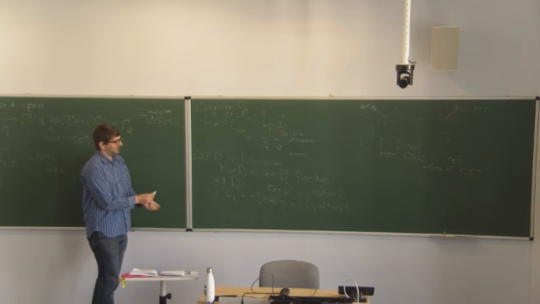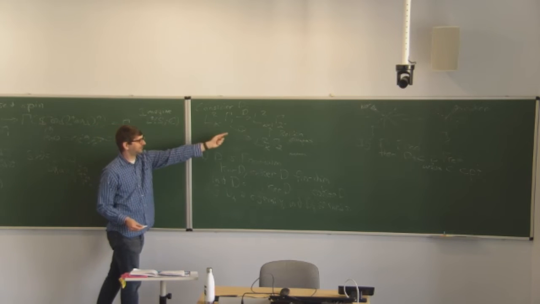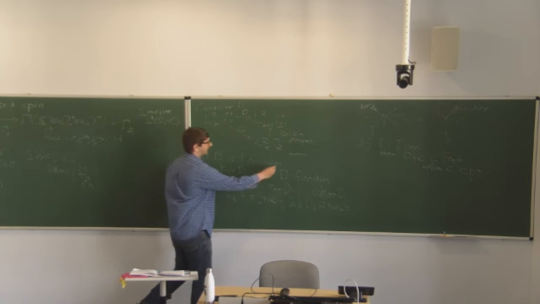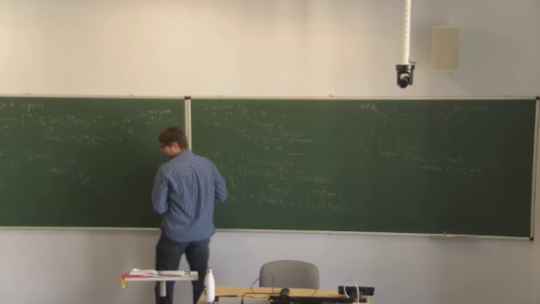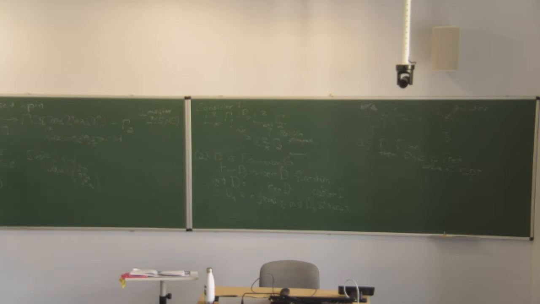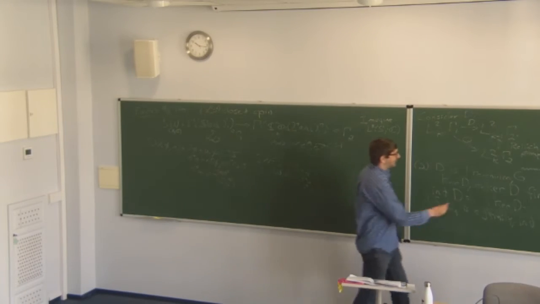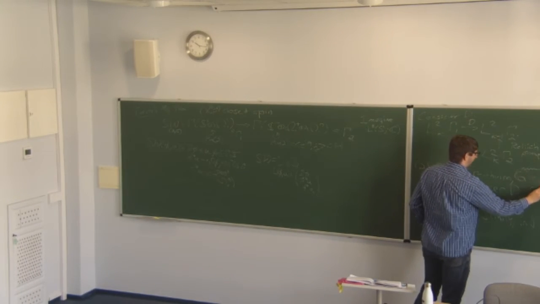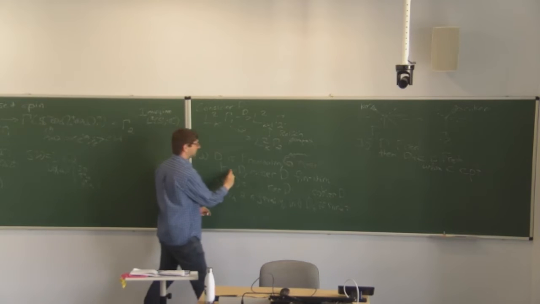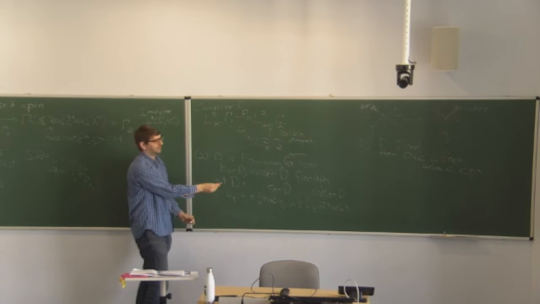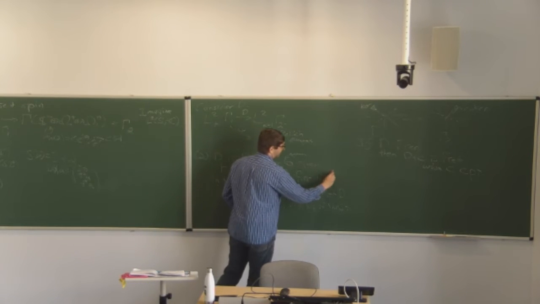So if all these spaces have G actions and D is G-equivariant, then kernel D and co-kernel D are not just vector spaces anymore. They're G representations.